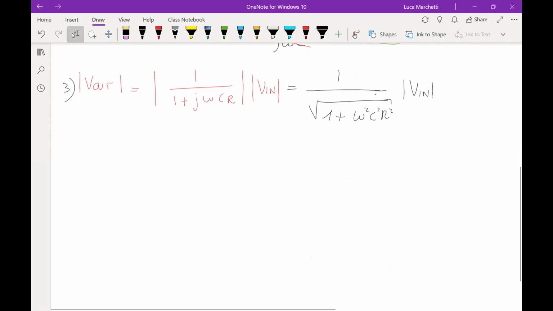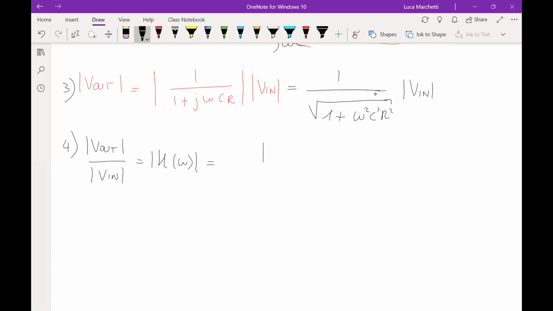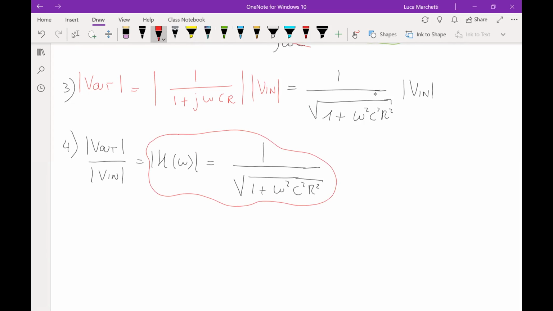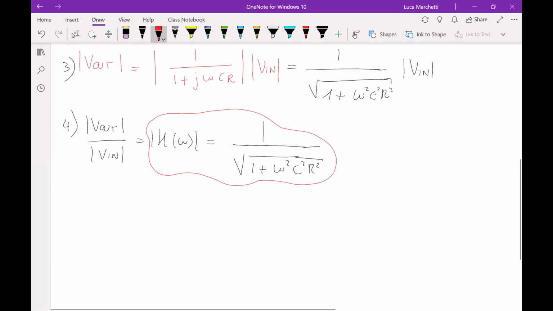Finally, from this equation we can calculate the absolute value of H, because if we divide this equation by V in, we get V out divided by V in, which is what we want to find, equal to 1 over the square root of 1 plus omega squared C squared R squared. This is finally the formula that we want to find. I derived it from the previous one by dividing everything by the absolute value of V in.